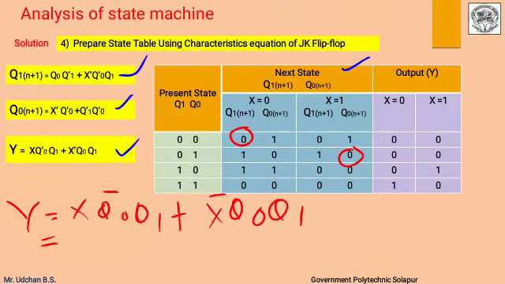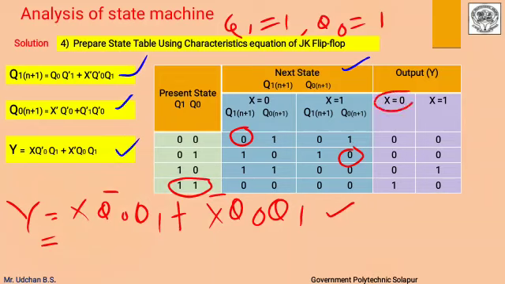Now we will see how to find values of Y for X equal to 0 and X equal to 1. So the equation of Y is written over here. Now I will consider this state, so Q1 is 1, Q0 is 1. I will consider X as 0. So put all those values.